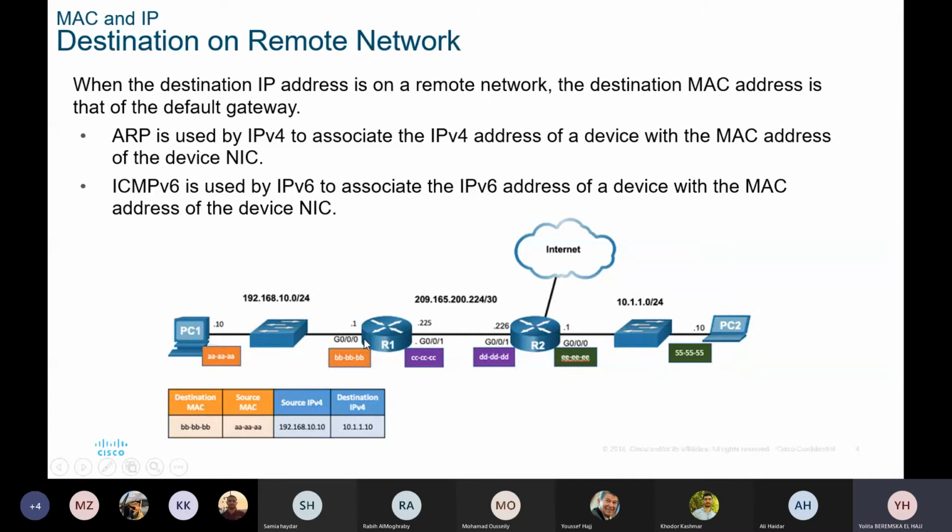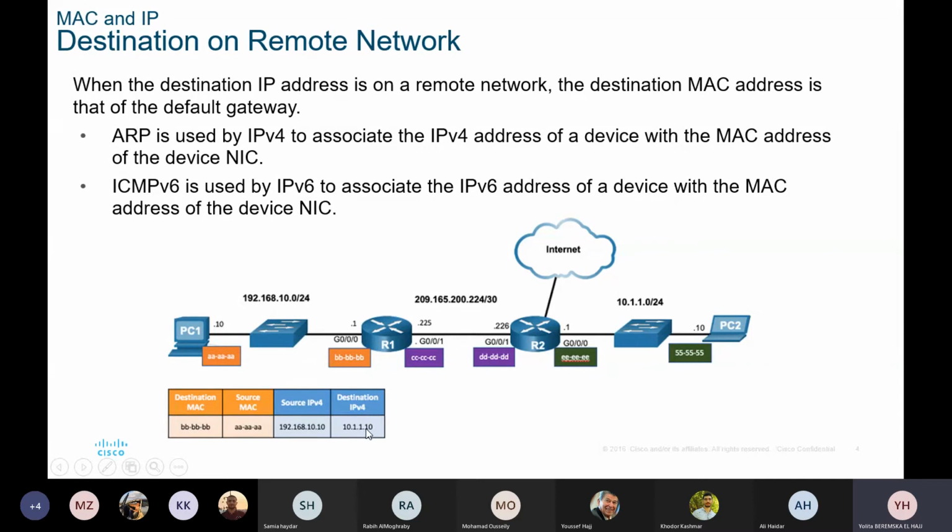When the packet is received by R1, R1 will de-encapsulate it and see that the source is part of this network and the destination is another address in a remote network.